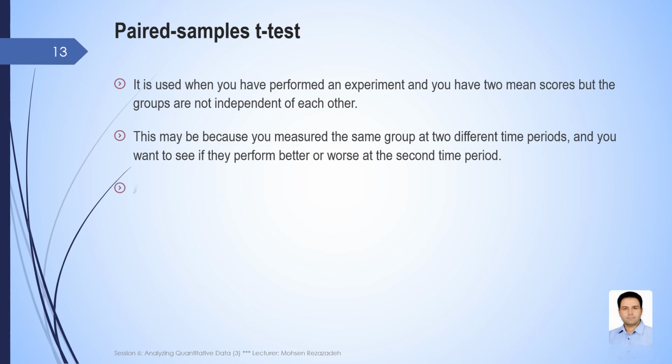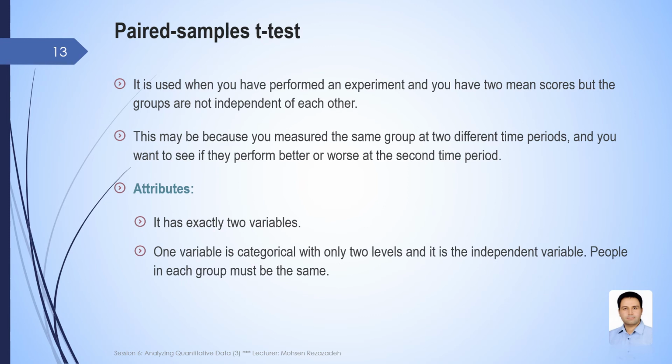Here are the attributes of paired samples t-test. Just like independent samples t-test, it has exactly two variables. One variable is categorical with only two levels, and it is the independent variable. People in each group must be the same.